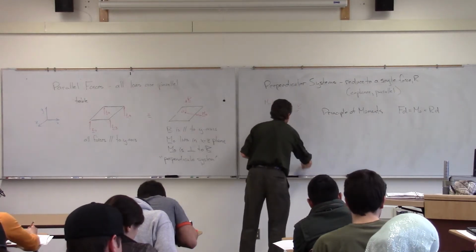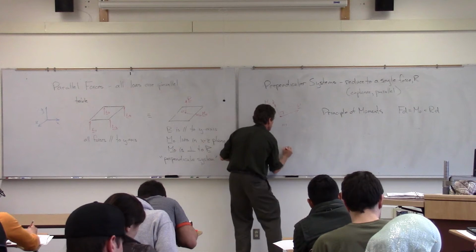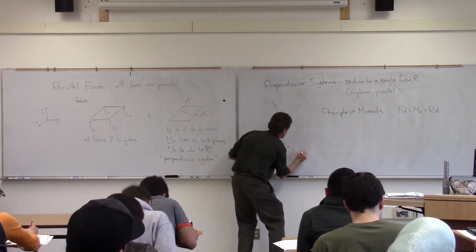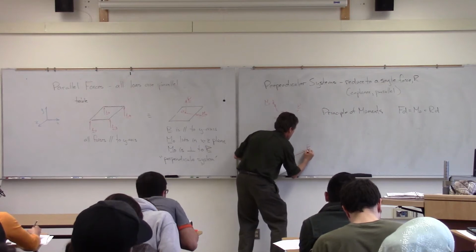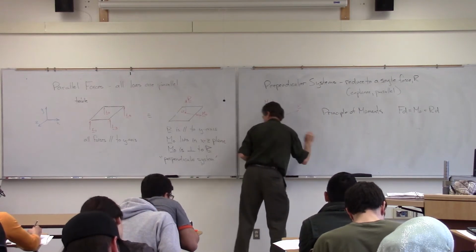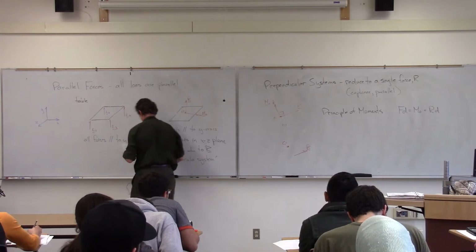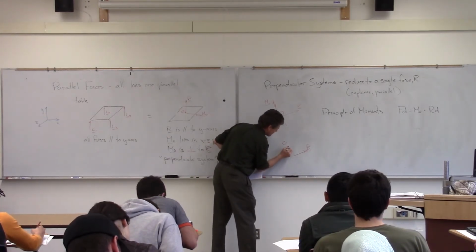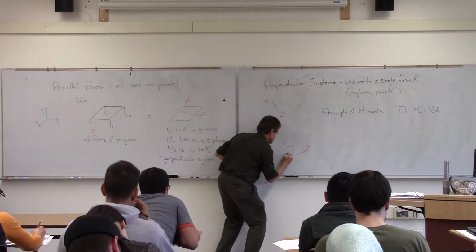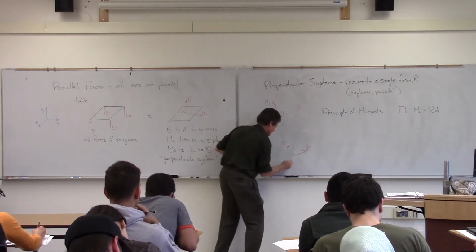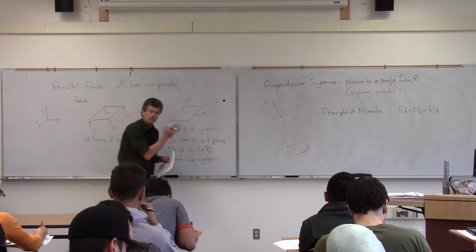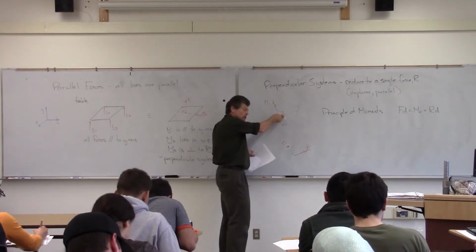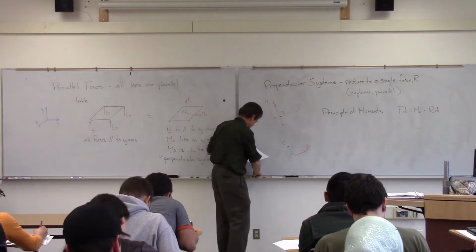So what we're going to do is set up an equivalent system by simply moving that force away from O to create the same sort of twist that my point O is seeing right now.